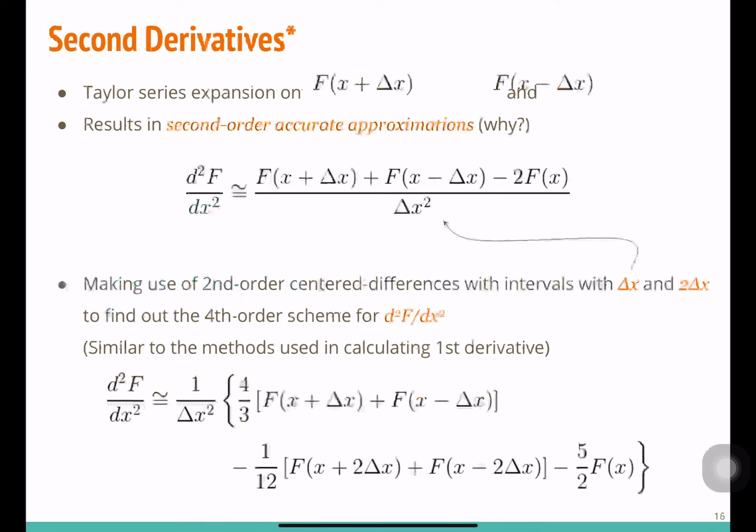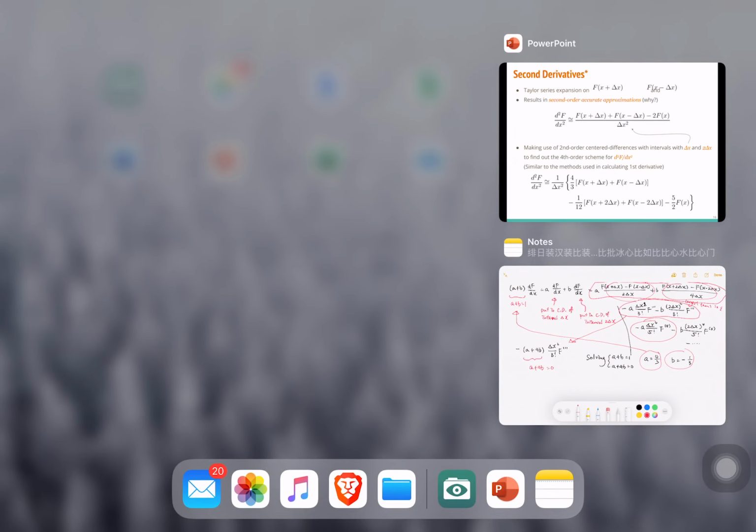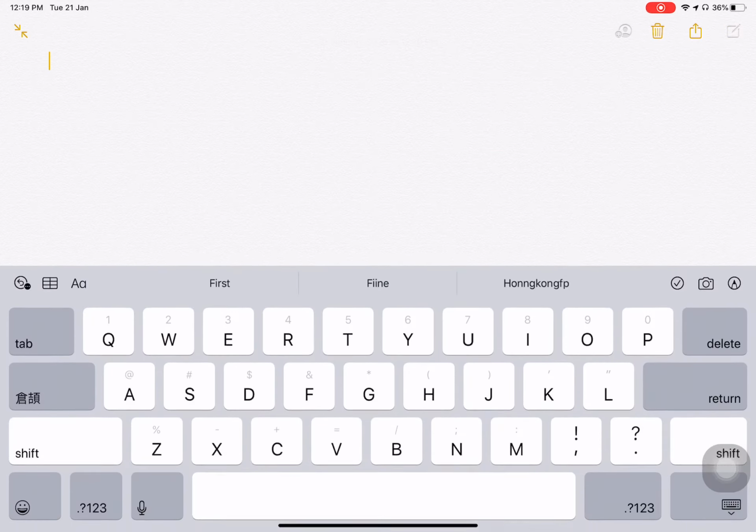Okay, so the next step would be doing second derivatives. It's also pretty easy. Okay, how do we do that? Second derivatives.